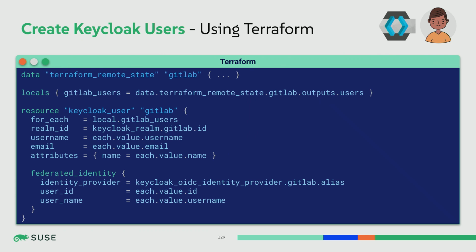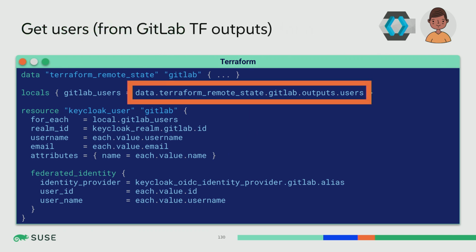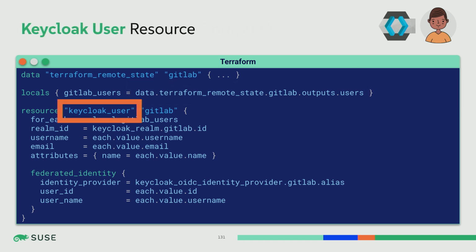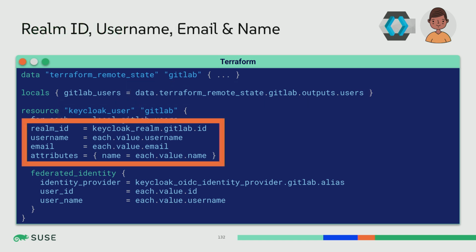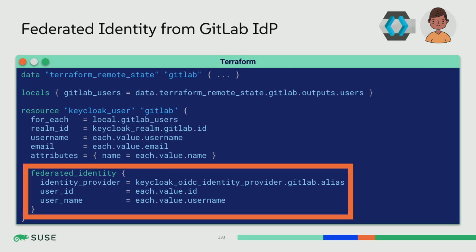And now we will loop on all the users coming from the output of GitLab to set the Keycloak user resources, and create the configuration with all the parameters, name, username, email, and link the Keycloak and GitLab configuration by using federation here, by setting the user ID and username from the GitLab IDP, using the ID and the username from GitLab. With this configuration, you connect the account on GitLab to the account on Keycloak.